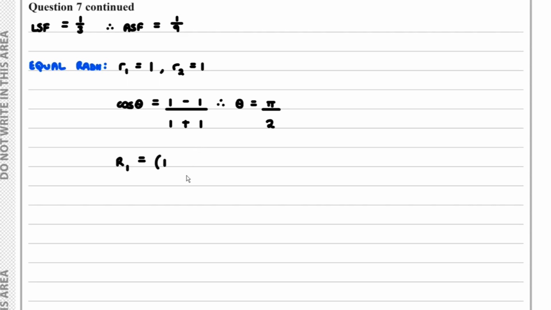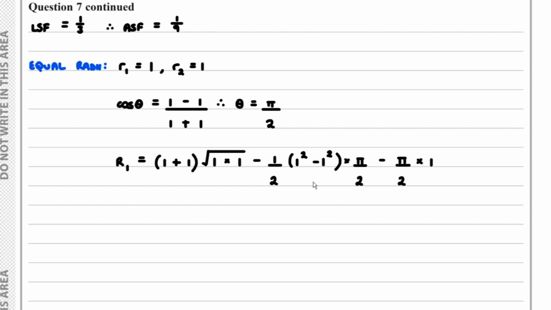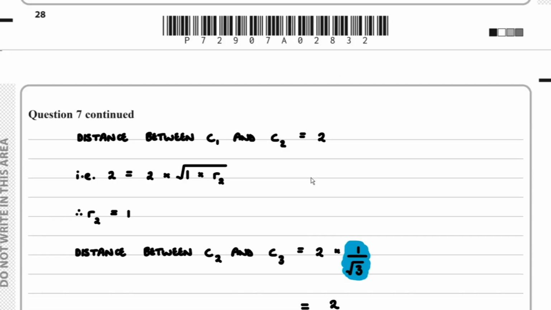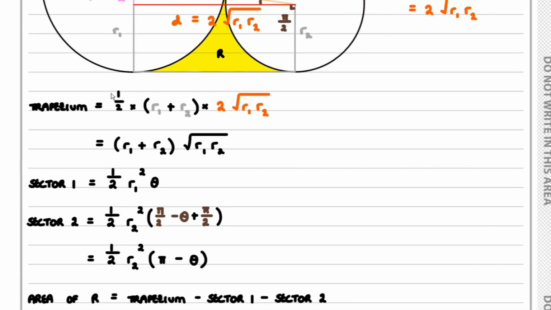So the area will equal 1 plus 1 times the square root of 1 times 1, take away a half times 1 squared, take away 1 squared times pi over 2, take away pi over 2 times 1 squared. So essentially what we've done is the same thing that we did over here. We've got the trapezium, sector 1 and sector 2, where theta is pi over 2, essentially.